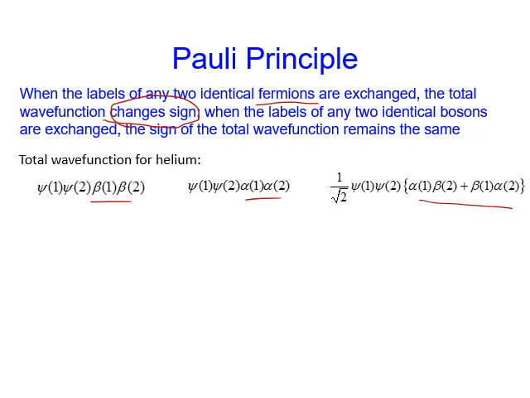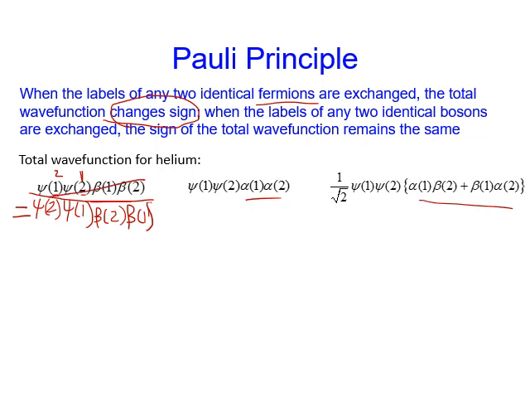Let's try the first one. Let's exchange the labels: 1 becomes 2, and 2 becomes 1. So psi 2, psi 1, beta 2, beta 1. You can see that after changing the labels, the product is the same as the original product. So it does not change the sign of the wave function, and therefore this is against the Pauli principle.